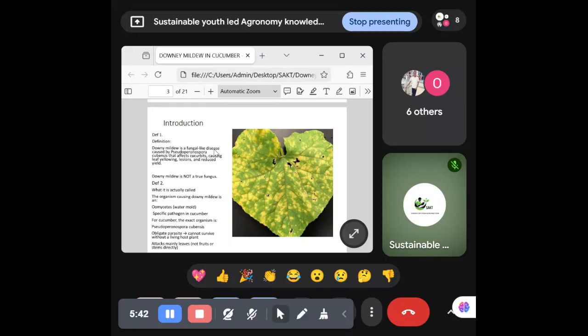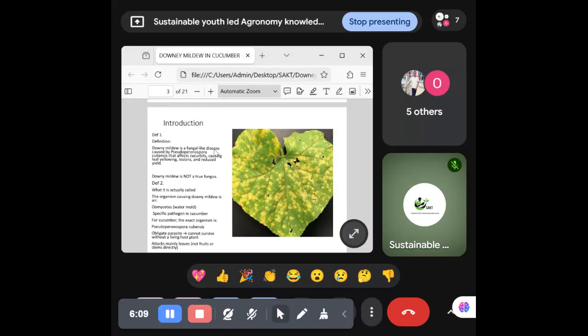From our slide, the first definition we have is that downy mildew is a fungal-like disease caused by, I don't know if I pronounce this well, Pseudoperonospora cubensis.